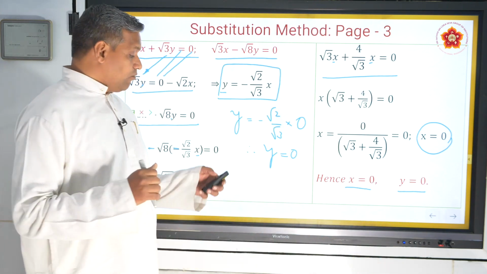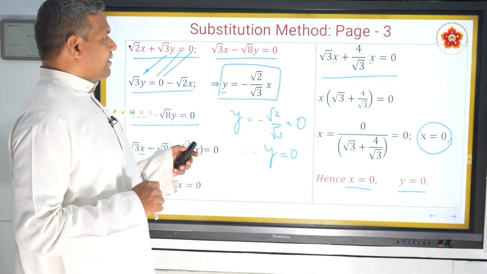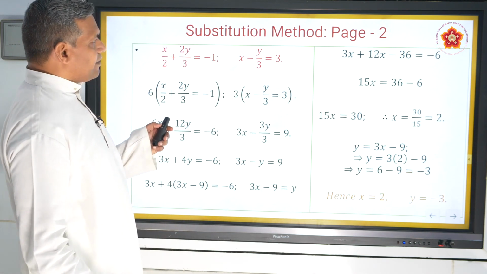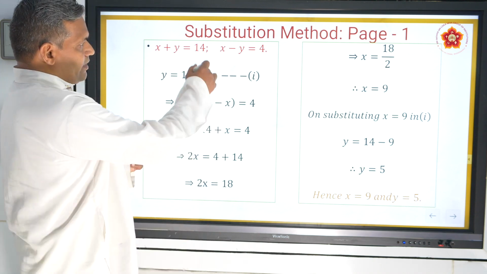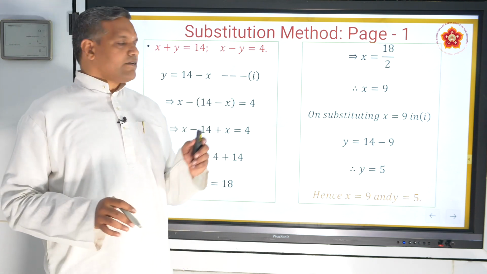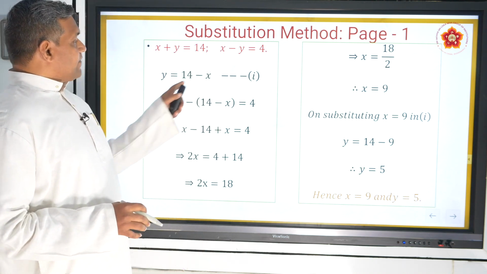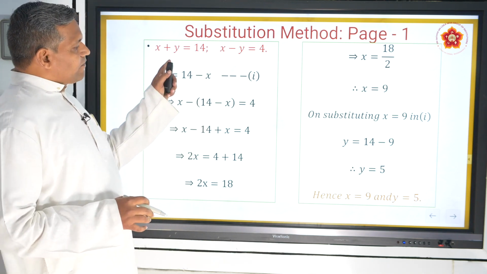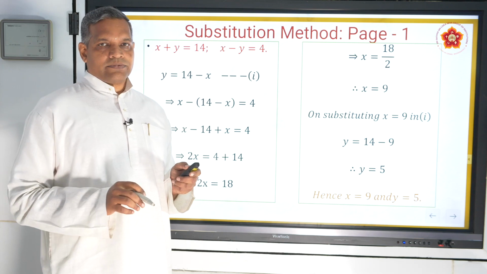Remember, if I go back, I'll revise the things a little faster this time. First, I showed you a very simple method of eliminating, plus y minus y cancelling. Sorry, not cancelling, substituting, and one of the simplest examples I showed.